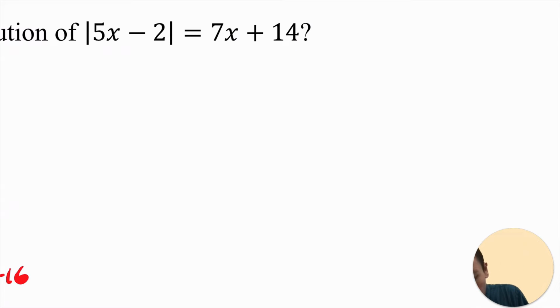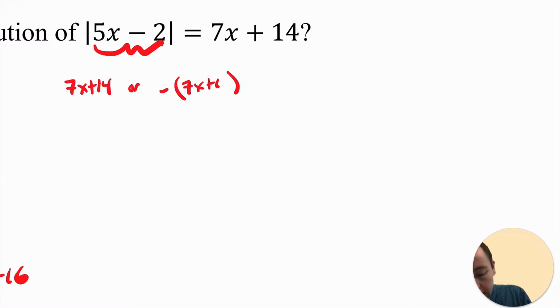So what we really need to have happen is whatever the 5x minus 2 is going to be worth, we need it to be worth 7x plus 14, or its negative. And when I say it's negative, I need to put parentheses, or the negative of 7x plus 14, which really is the same thing as negative 7x minus 14, right?